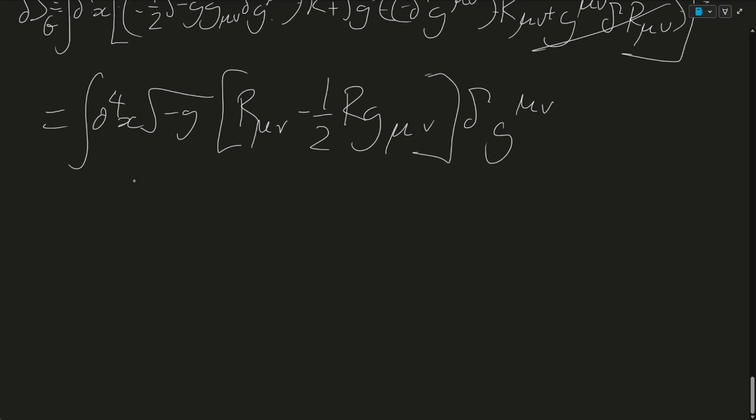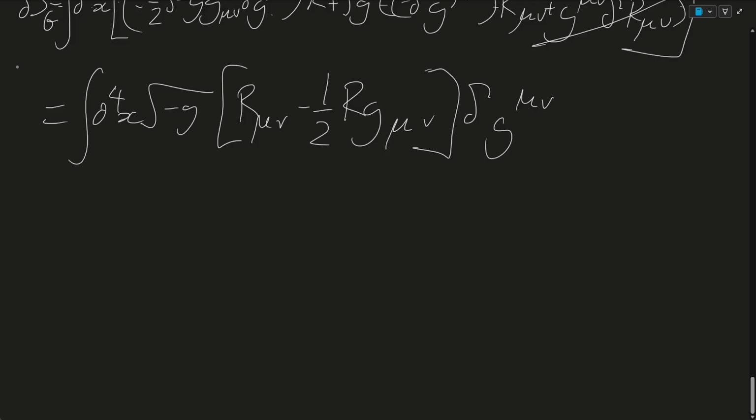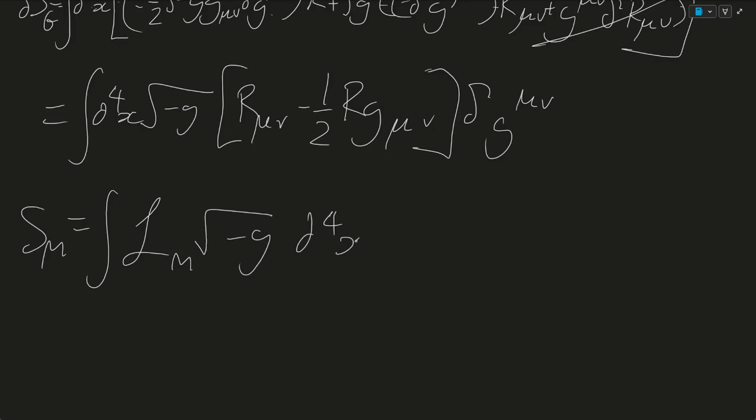The last thing we need to do is the matter action, which isn't so bad. So S_m is our integral over our Lagrangian of m, root minus g d4x.